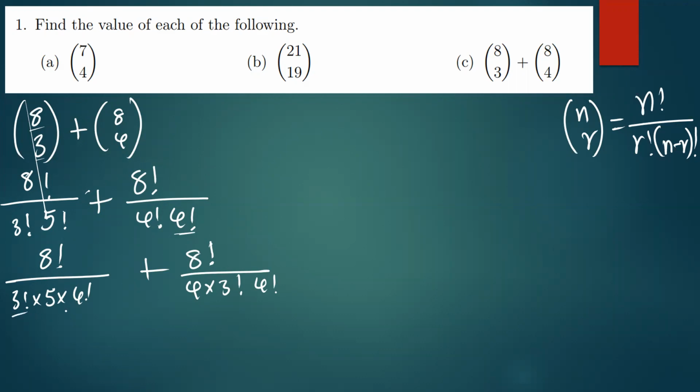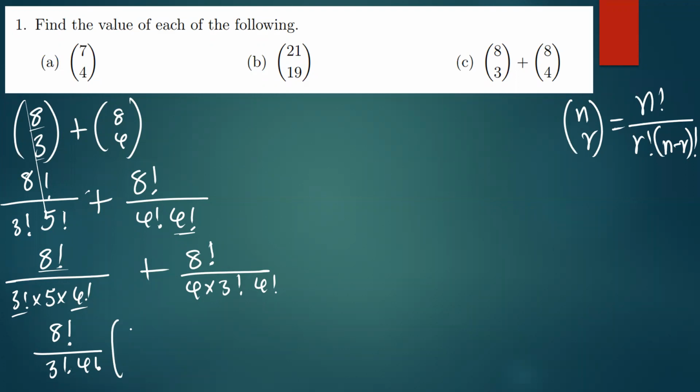We can see that 3 factorial, 4 factorial, and 8 factorial are common. So we can factor them out. So we have 8 factorial over 3 factorial and 4 factorial. These are common.